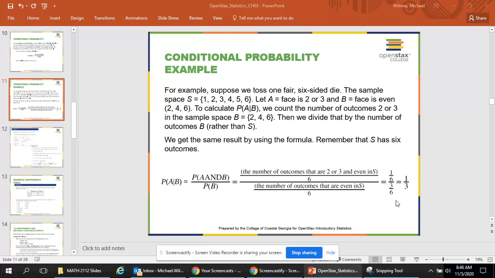We could type that into our calculator, or we can multiply by the flip of the fraction on the bottom, 6/3, and you find out that you end up with 1/3. Or another way to think about it, 1/6 divided by 3/6. These are each in terms of sixths, and this is one of them, this is 3 of them, so it simplifies to 1/3.